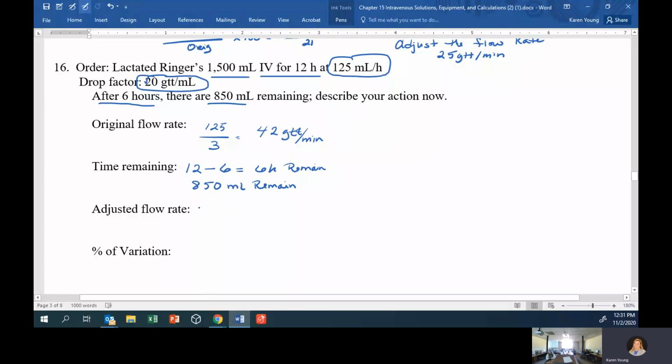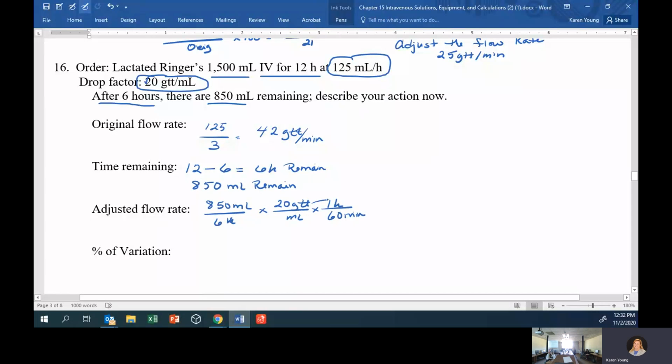So to find my adjusted flow rate, or my new flow rate, I'm doing 850 milliliters over 6 hours times my drop factor of 20 drops per milliliter. My time conversion, 1 hour, 60 minutes.